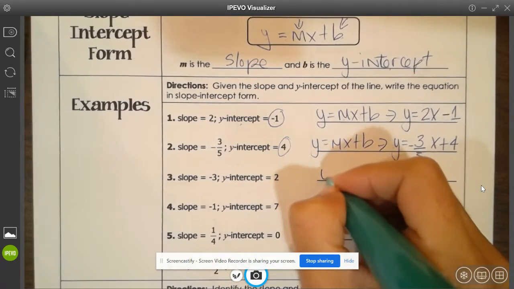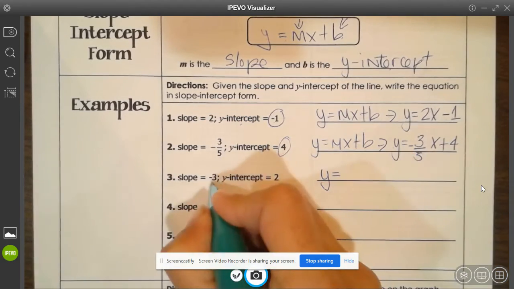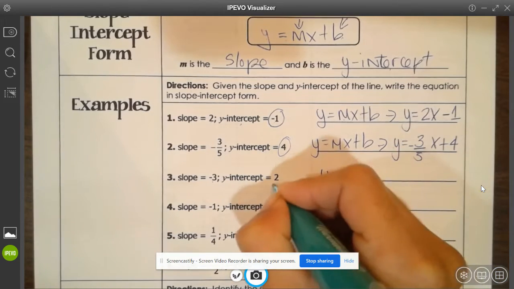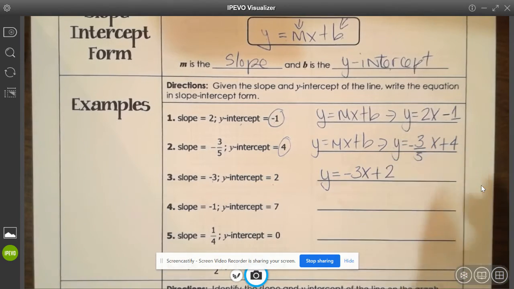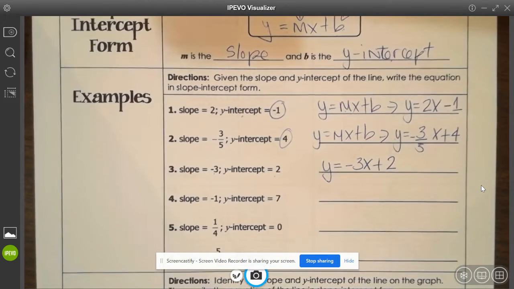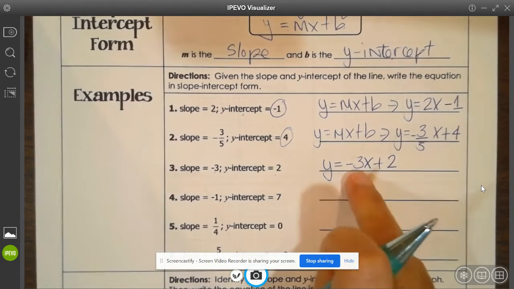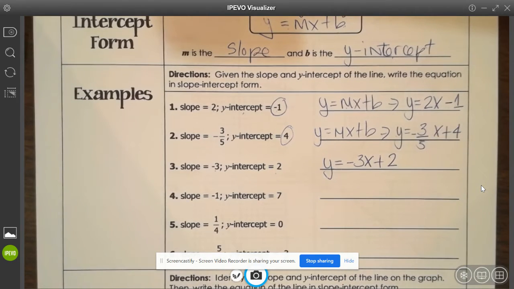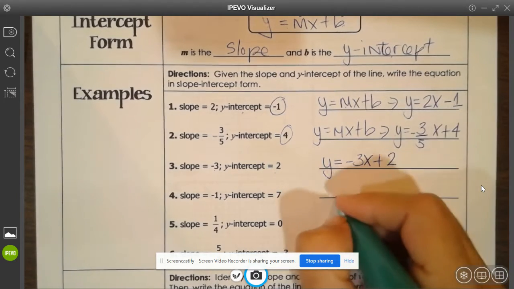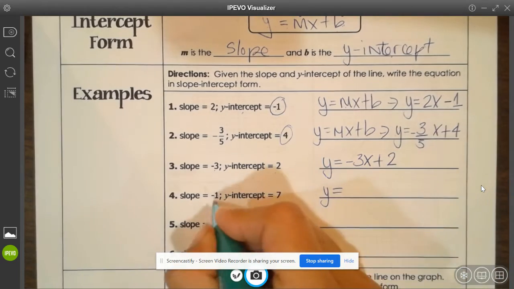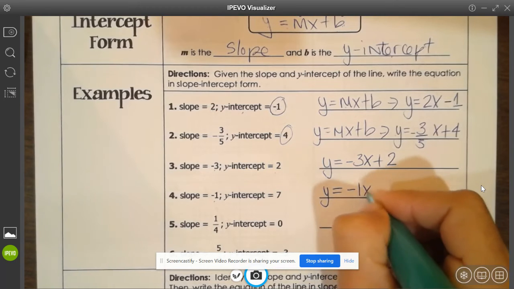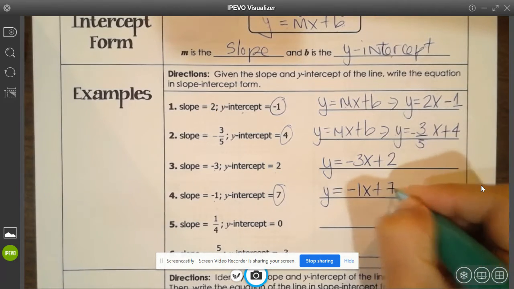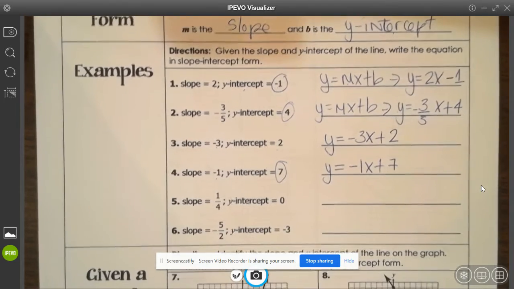So y equals negative 3, it's a negative slope, times x, plus 2. Okay, be careful with the signs too. The graph changes. This one is a negative graph because it has a negative slope. All right, so y equals, this is the slope, negative 1x plus 7, right? Plus 7. All right, let's keep going.